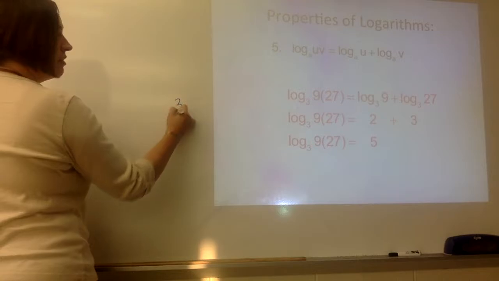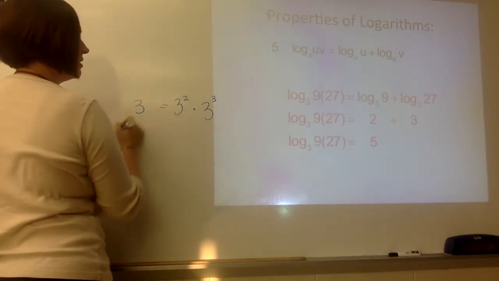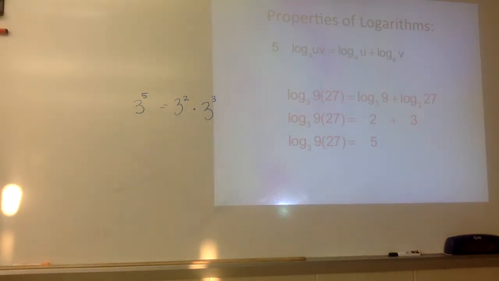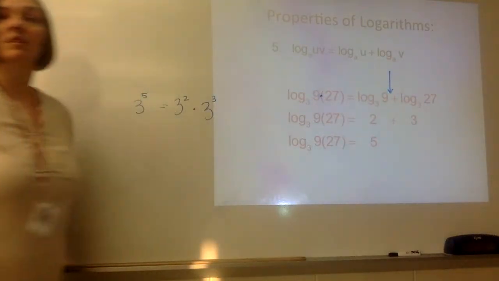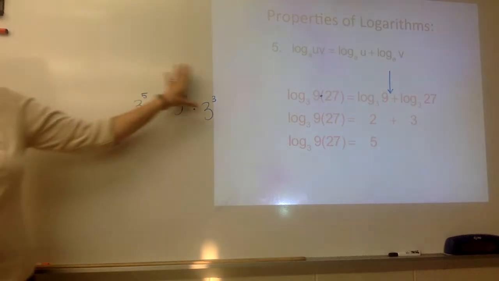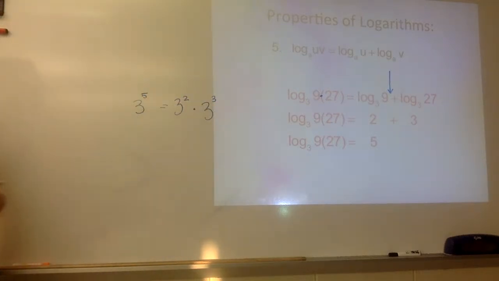Think about it. 3 squared times 3 to the third, doesn't that equal 3 to the what? 5th? You add the exponents when you multiply. Yep. When you multiply, you add the exponents. That's the law. That's the rule written as logarithms. So this is the exponential thought process. This is the translation to logs.